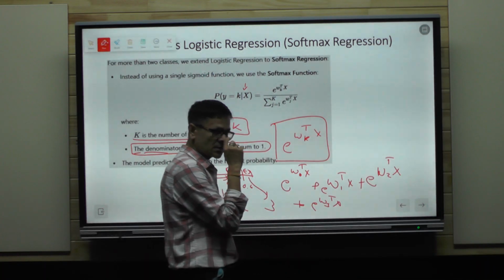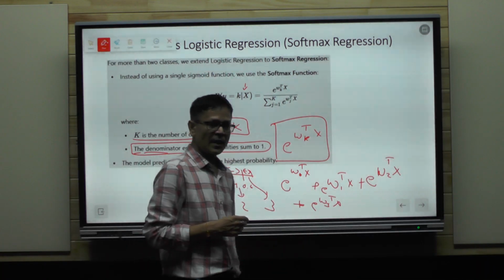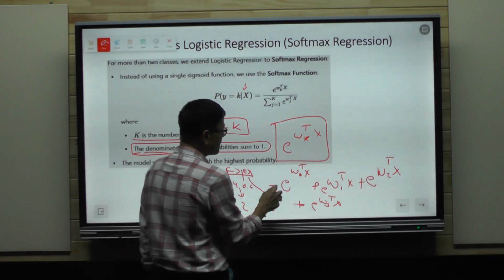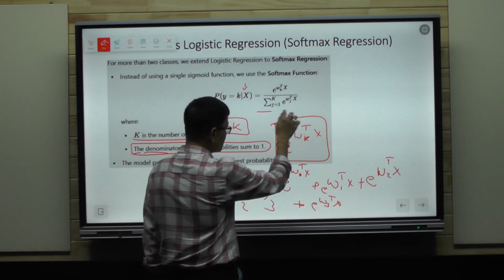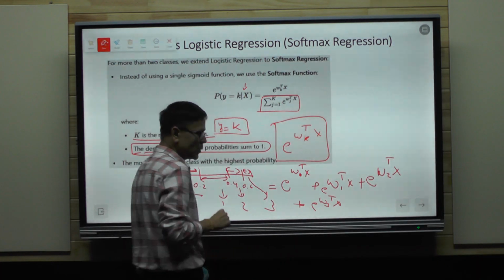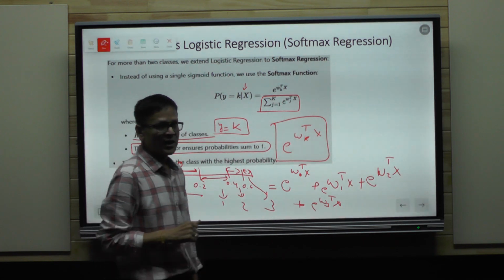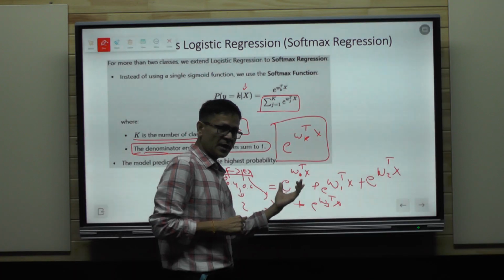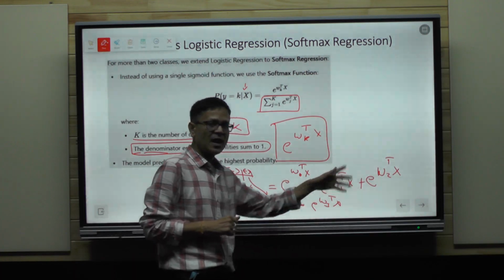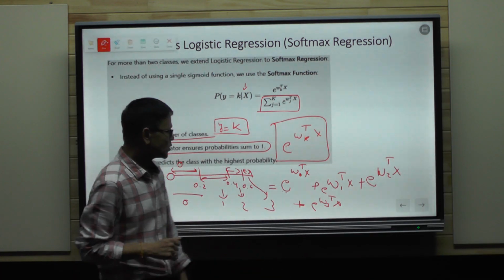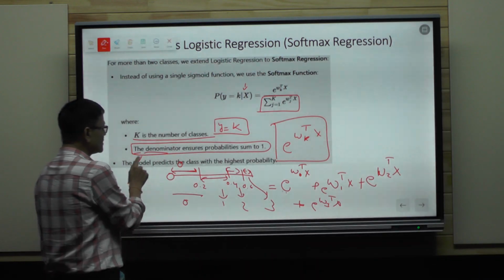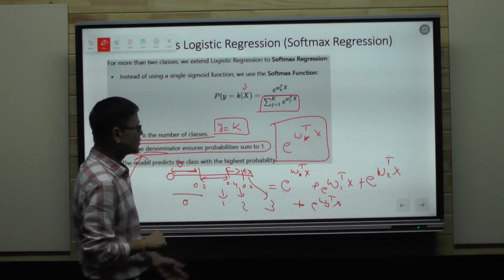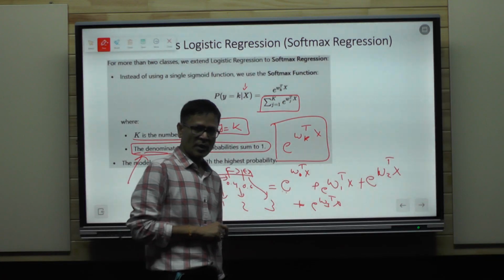So we have 4 classes, we have calculated the values and we will sum them up. When we sum up, we achieve this expression. Okay, so that forms our denominator, and then we will take individual values and find the ratios. So this will ensure that the probabilities sum up to 1 only.